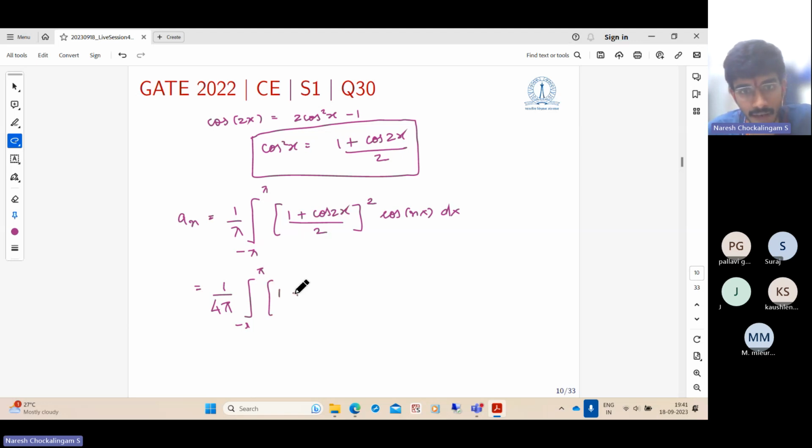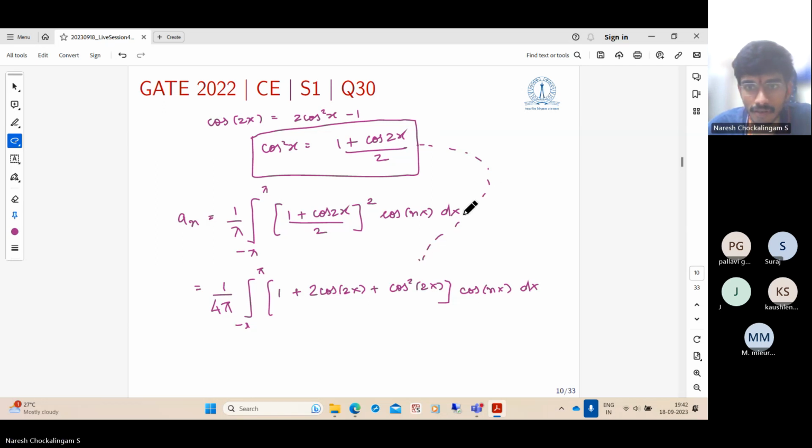So we get 1 plus 2 cos 2x plus cos square 2x, times cos nx dx. Now let 2x be some t. Again substitute this for this term. So what do we get?